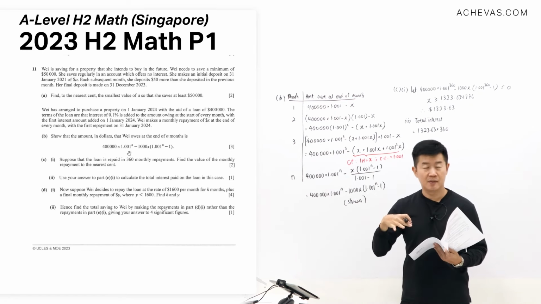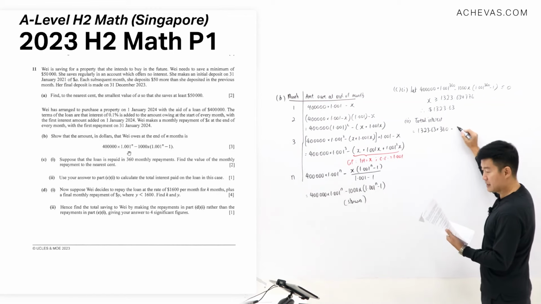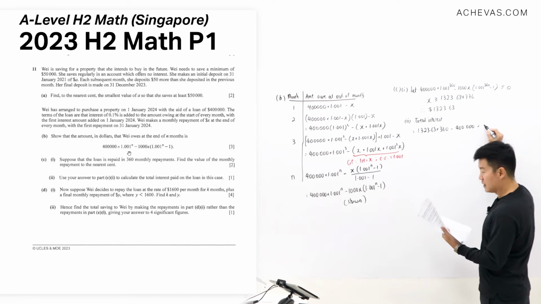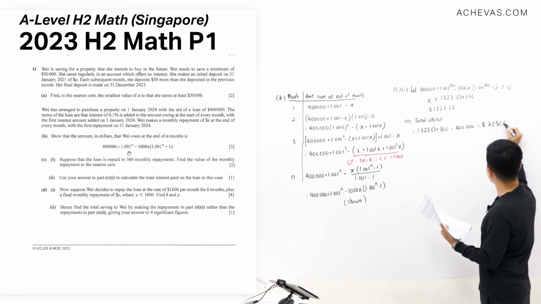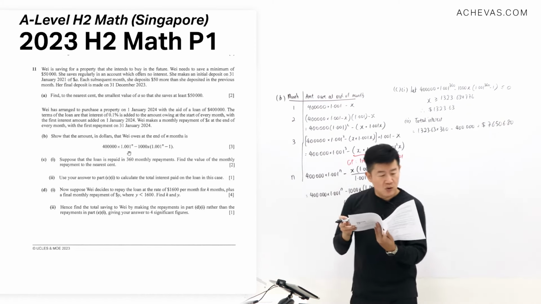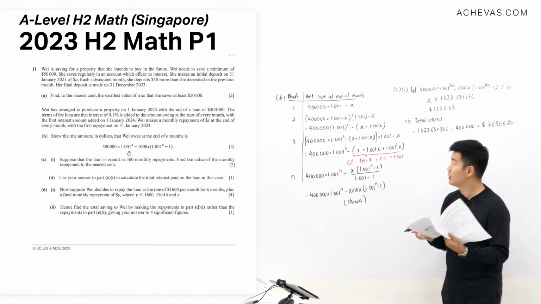We must offset the amount of money that she borrows from the bank. So this will be minus 400,000. This will give us the interest. The interest is going to be 76506.80. Okay, so this is going to be for C part 2.